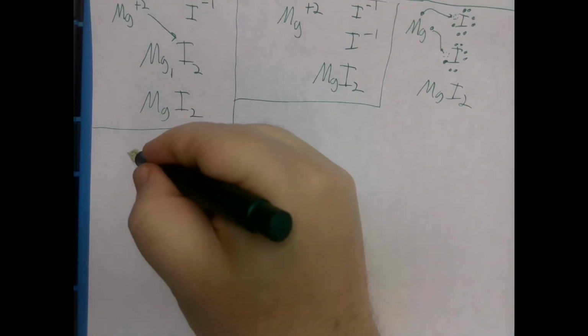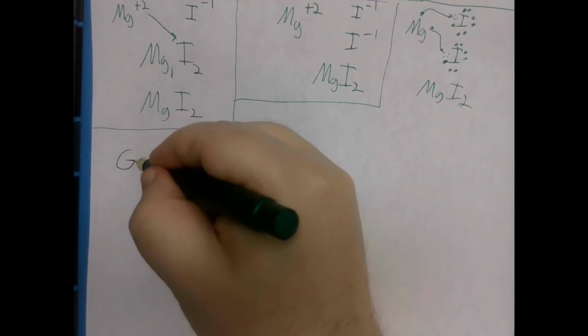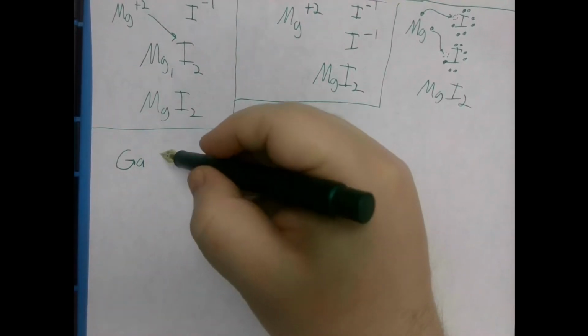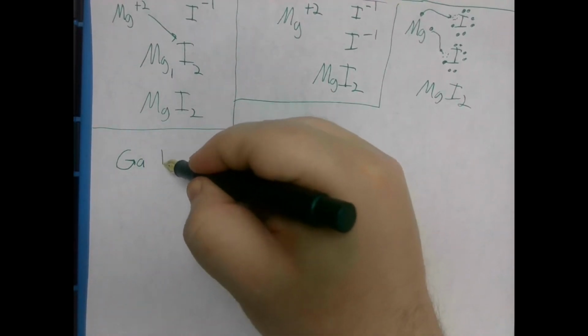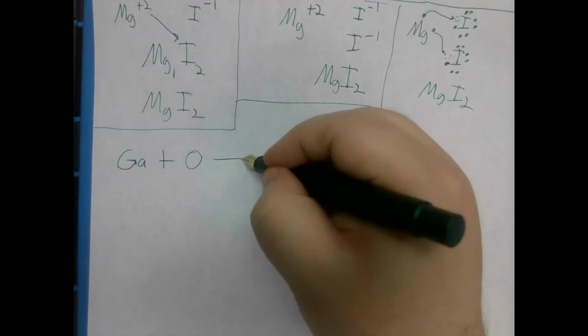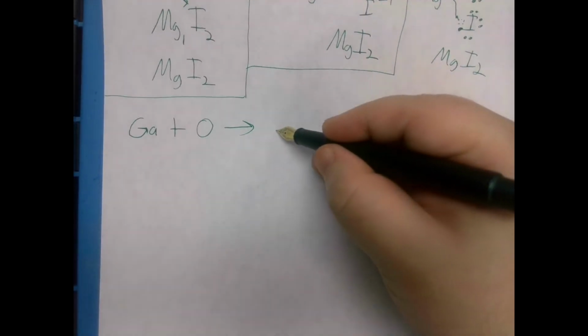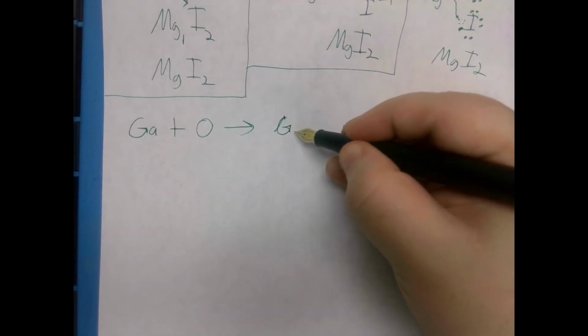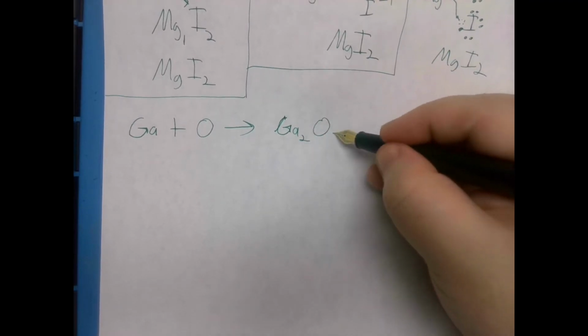So what about this one? Gallium with oxygen. Someone's beside Brent because I think you get it, Brent. Would it be gallium 2 and oxygen 3? Yes. Does everyone see why it is gallium 2, oxygen 3?